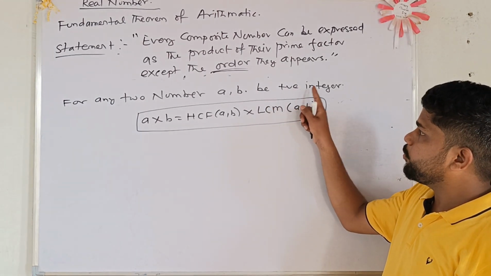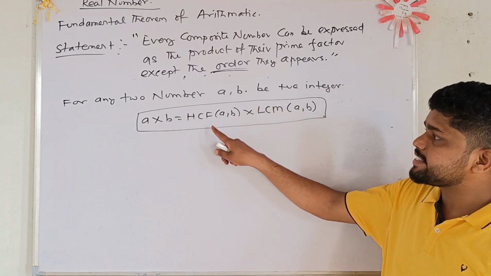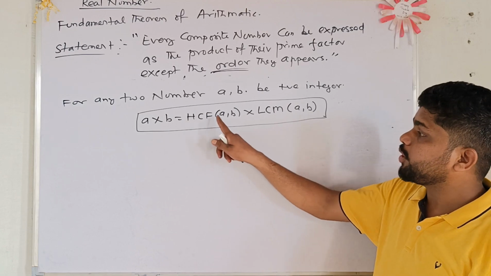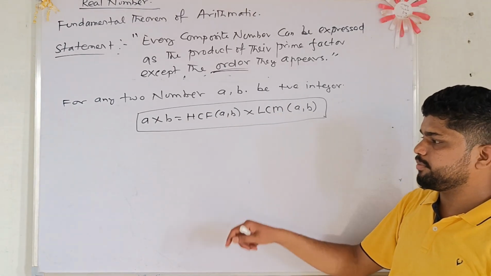The product of two positive integers is always equal to the product of their HCF and LCM.